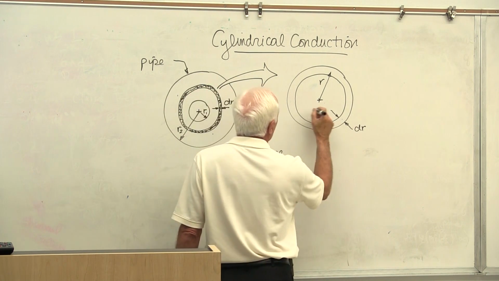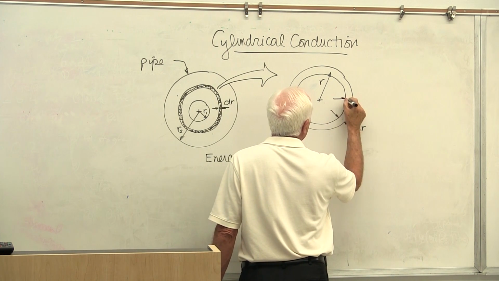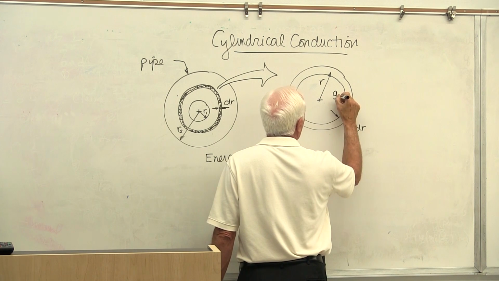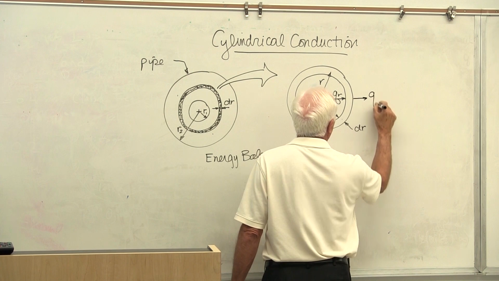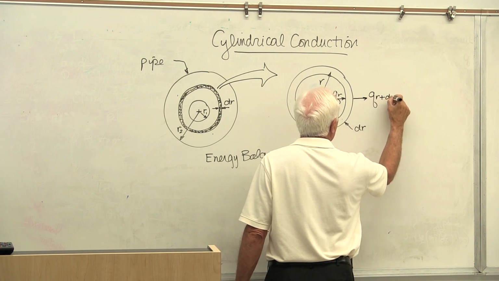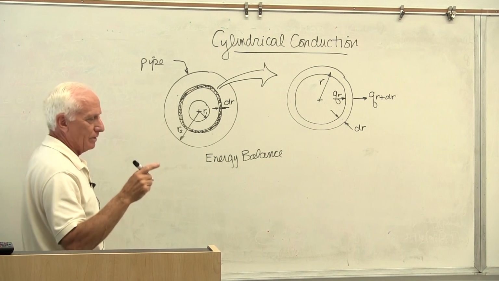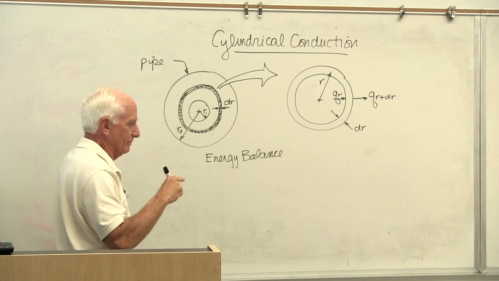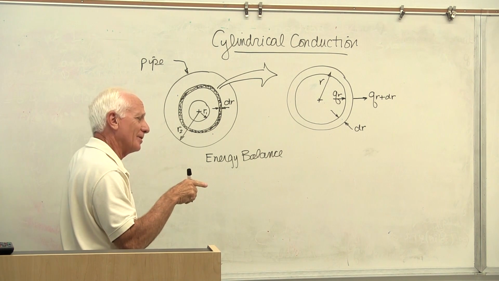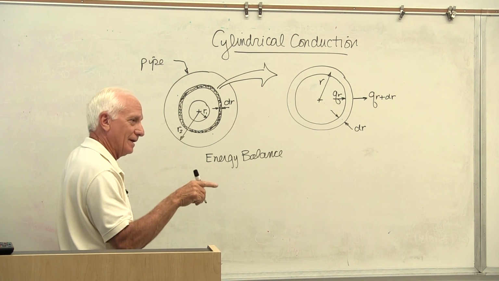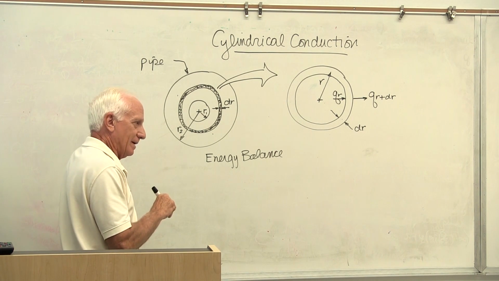Okay, it's the conduction. We know it's conduction. So we have the amount of heat being conducted at this radius r, and the amount going out here, q at r plus dr. We're going to assume steady state. We're going to assume no generation internally. We're going to assume constant properties. We're going to assume 1D conduction. Conduction is only in the r direction. 1D conduction.